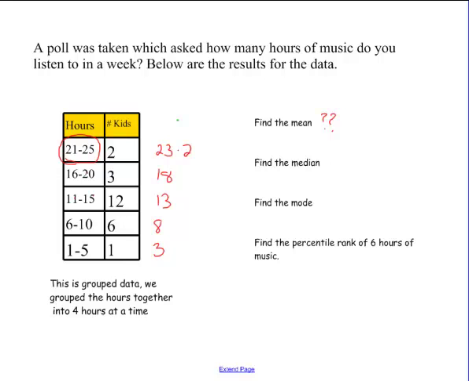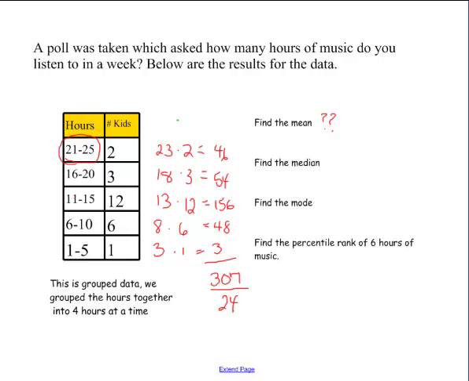And then, of course, we have to multiply them by their frequency. Add that all up, I believe it's 307, and divide by how many we interviewed, 24.